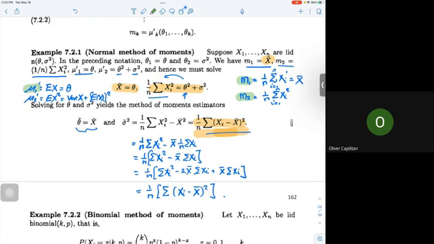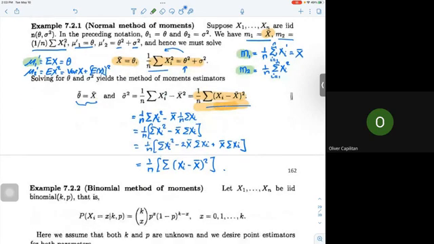And then equating the first sample moment with the first population moment, as well as the second sample moment and the second population moment, we're able to determine the method of moments estimators.